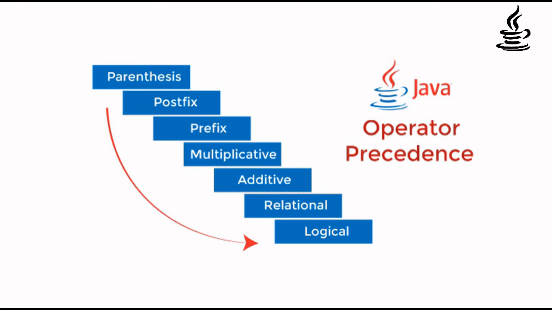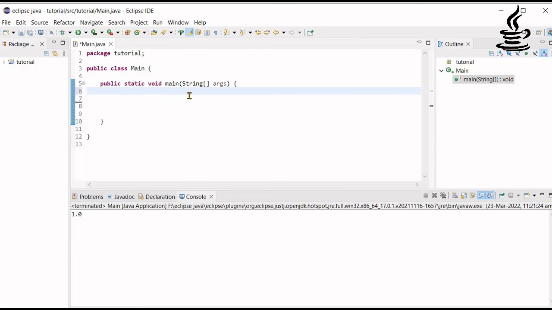For example, let's say we have an integer a which is equal to 1 plus 2 divided by 3 and multiplied by 4.